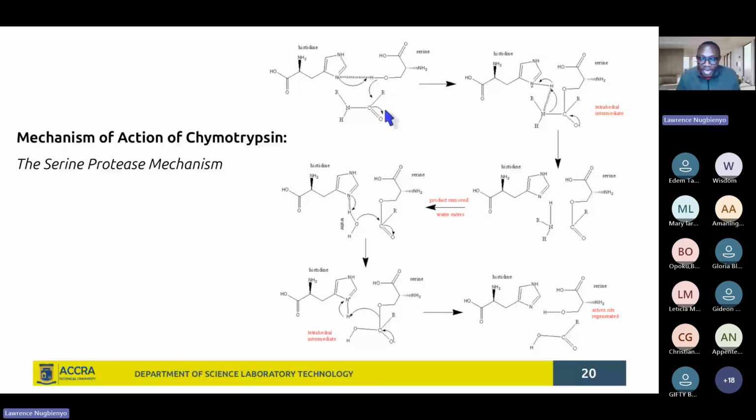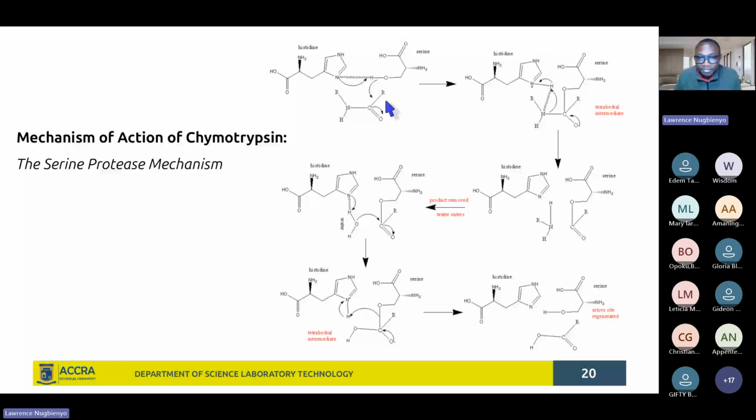No. Just understand the step-by-step process by which this is occurring. So it's not a thing you cram into your head, but you just try to understand what it is that is happening, arrow by arrow, reaction by reaction. That's all.